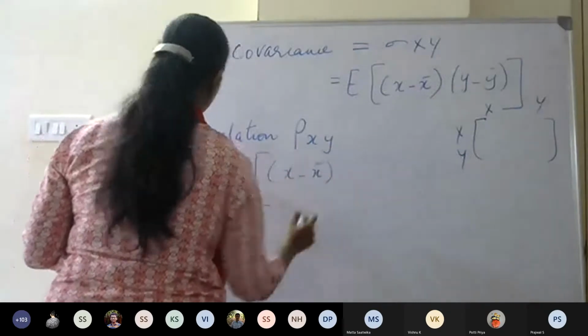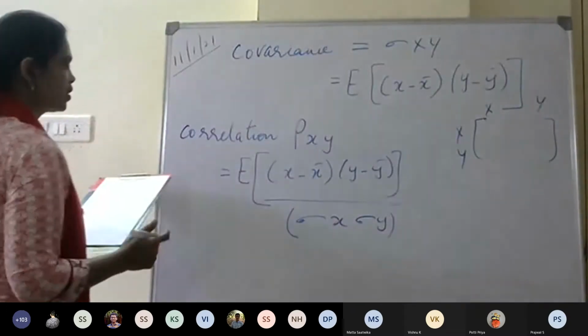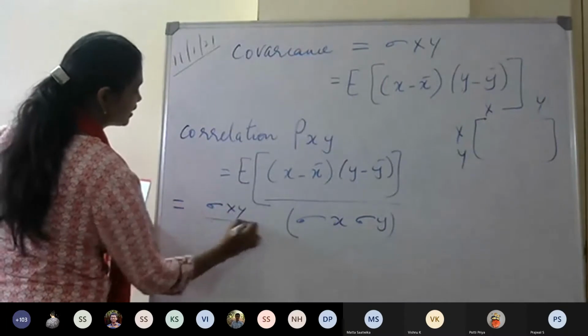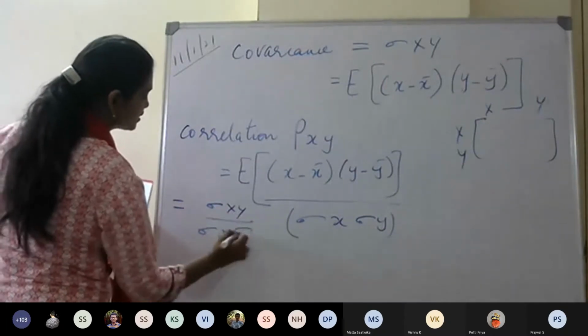it is the numerator is the same, the covariance divided by sigma x into sigma y. So I can write correlation as sigma xy divided by sigma x into sigma y. Okay.